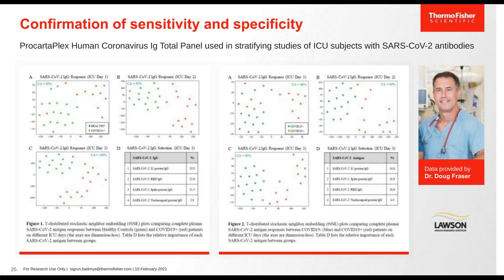Similarly, the plots on the right demonstrate a clear differentiation and stratification of these two groups of critically ill subjects, further underlining the excellent performance of this multiplex assay regarding specificity and sensitivity.